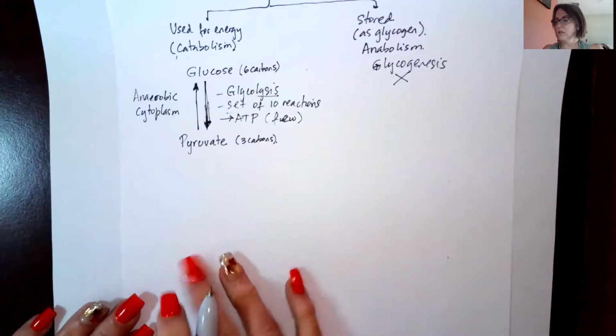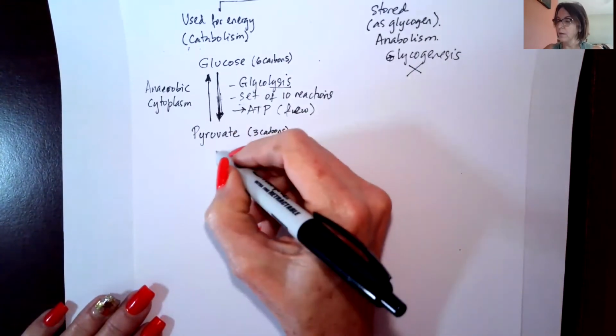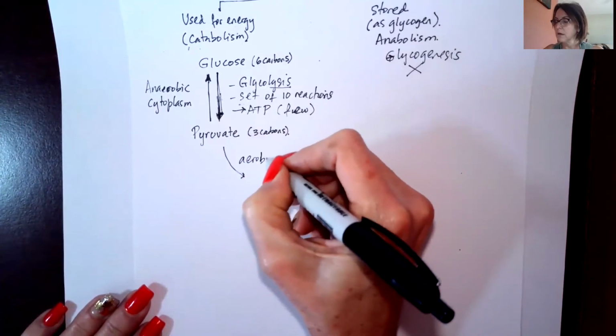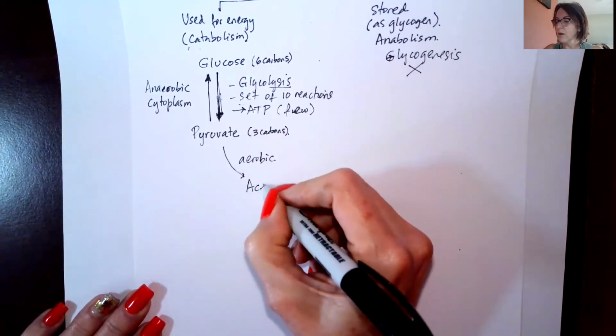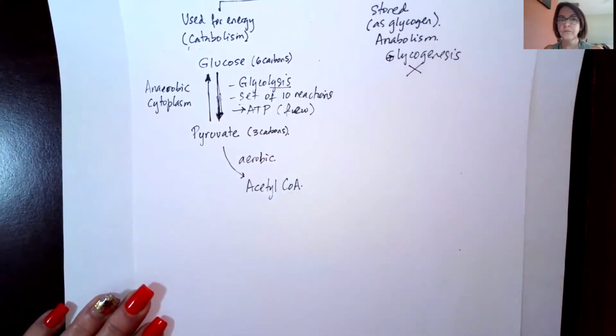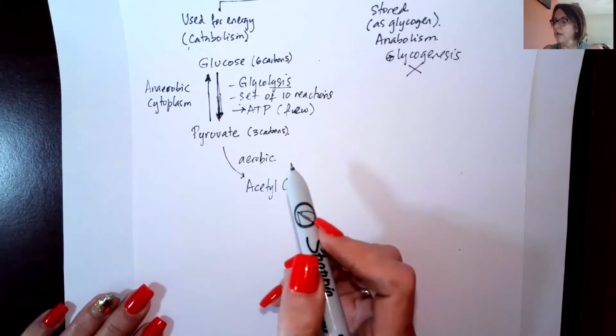Depending on our conditions, this pyruvate can then proceed through aerobic metabolism and be converted into acetyl CoA. Some people refer to this as aerobic glycolysis.